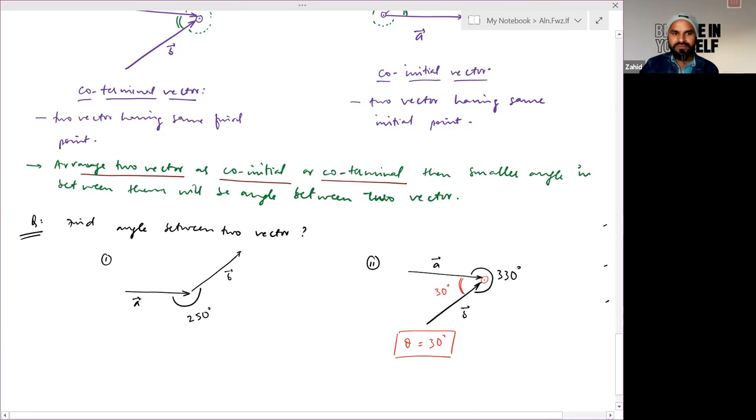So we may shift A along its own path like this. So it will form vector A along this path and vector B along this path. So this will be vector A and this will be vector B.